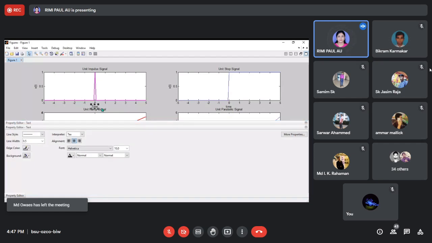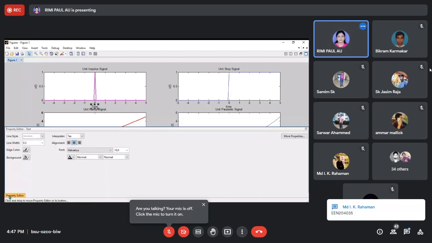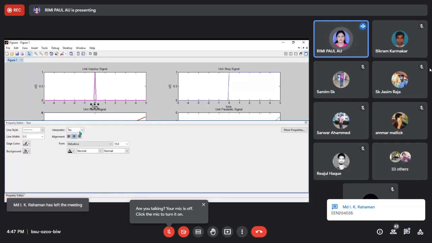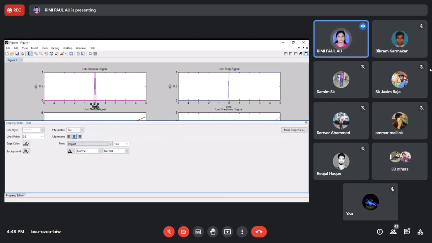Mute please. You can see that here I have clicked here, and in property editor, you can change the width of this time axis. That means if you want to write here impact, suppose if you want to change the font type, and if you want to make it larger, you can do it as per your choice.